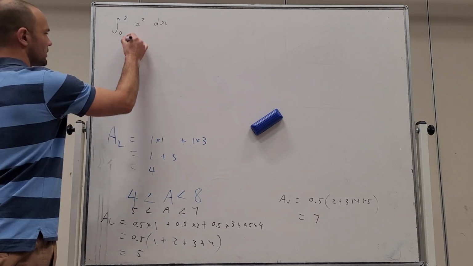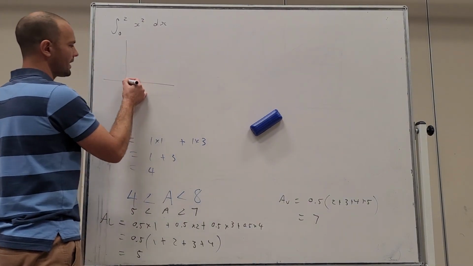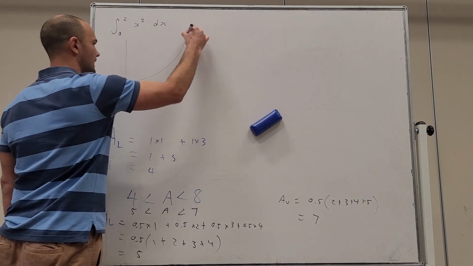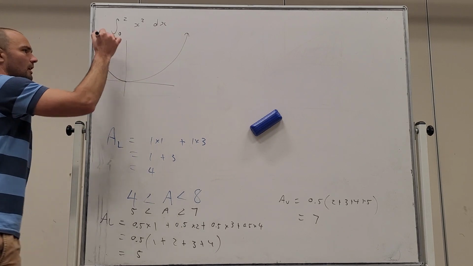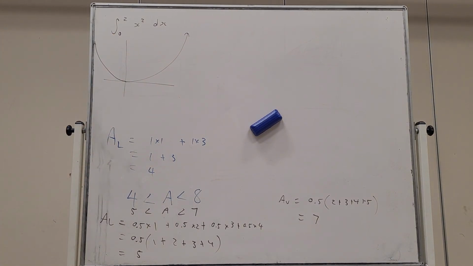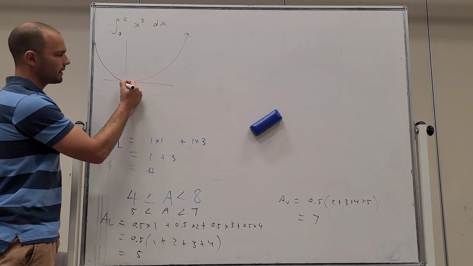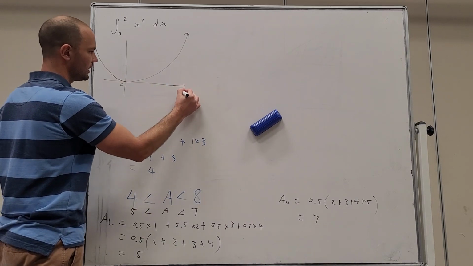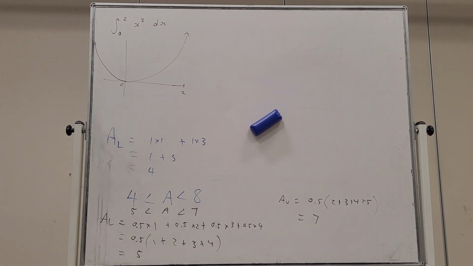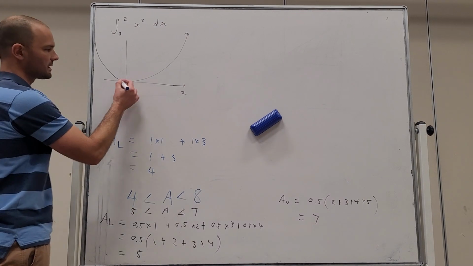So if we sketch the function y equals x squared, it looks like this. It's a parabola, and we want to know the area from 0 to 2 again, using 2 lower rectangles. Lower rectangles means we take the points below the curve.